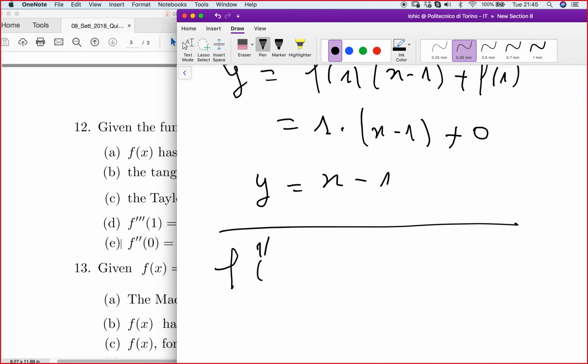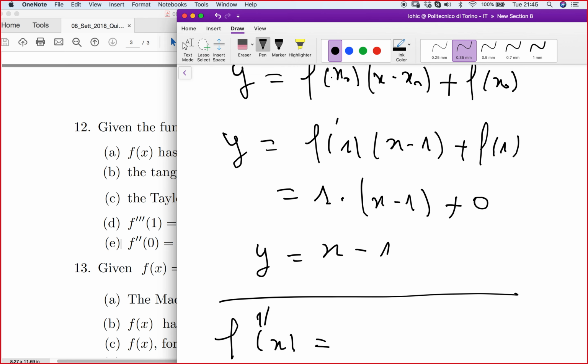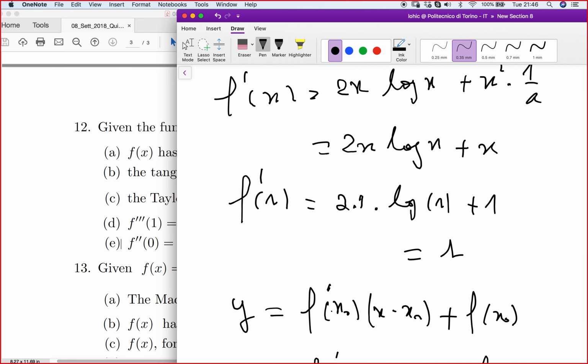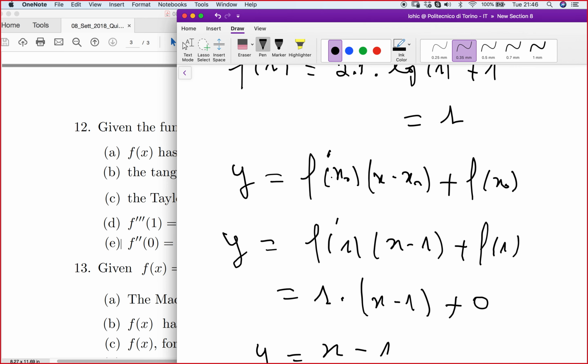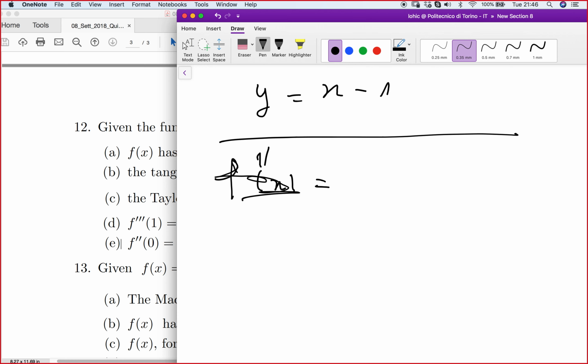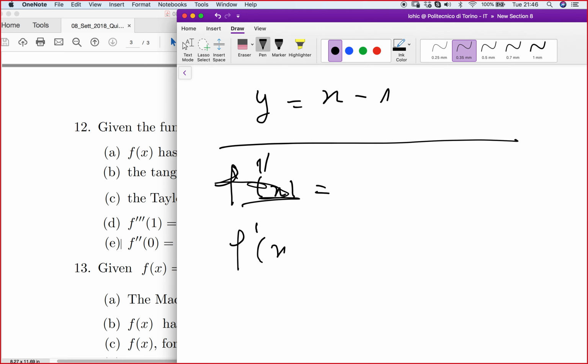f second of x will be the derivative of the first derivative. We found the first derivative here. So let me first write the first derivative. f prime of x was 2x multiplied by ln x plus x.